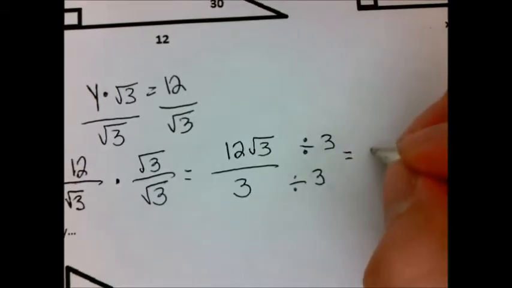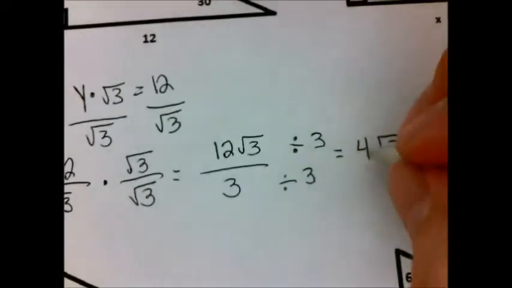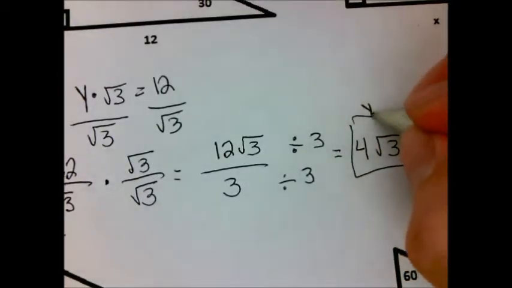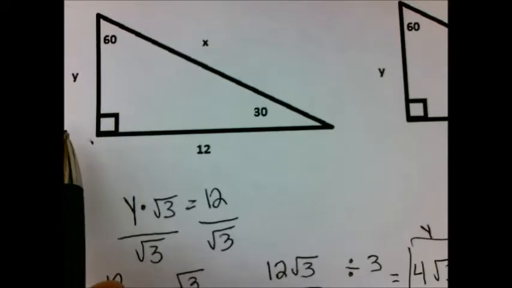We're going to get 4 square root 3. Now that we know 4 square root 3, this is our y. That's our shorter leg up here. We know that's 4 square root 3.